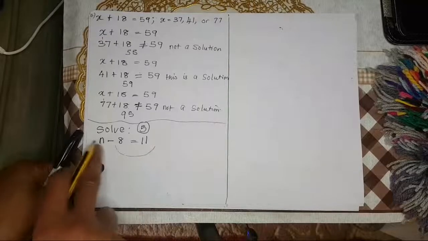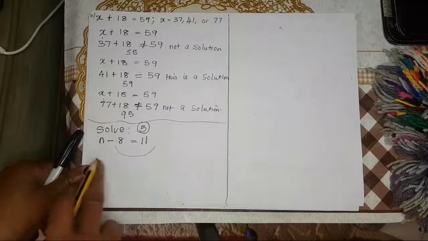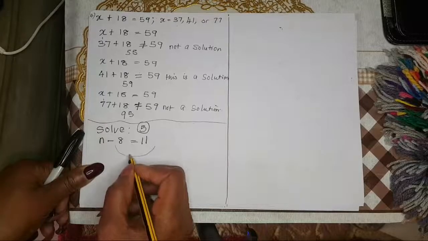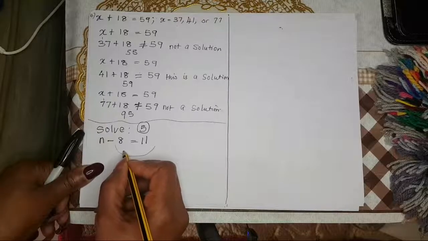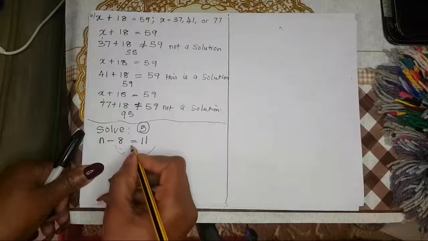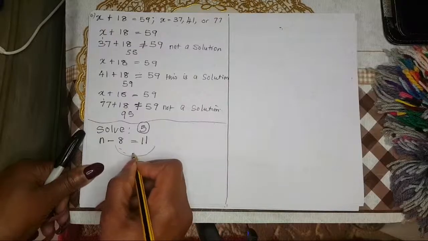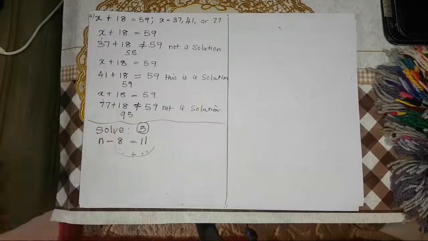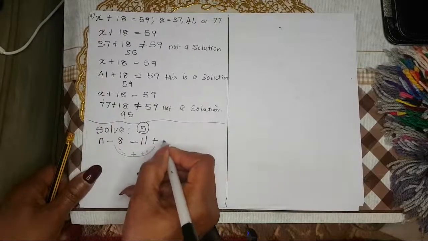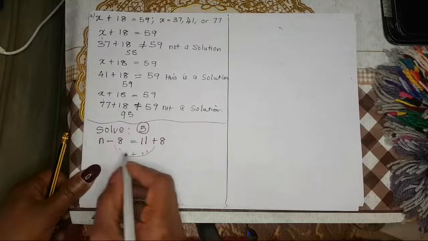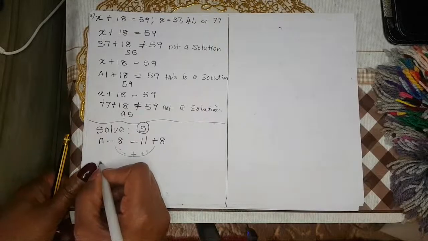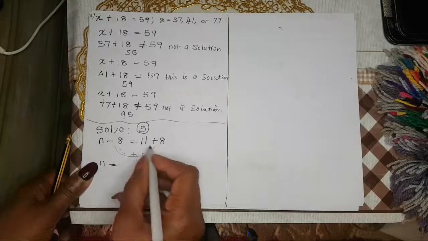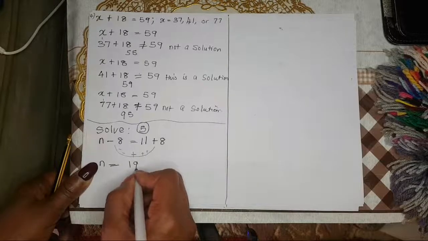So when negative crosses the equal sign, it will change to positive. So instead of writing negative here, you're going to put positive 8. What is left is n. So n will give you 11 plus 8, which is 19.